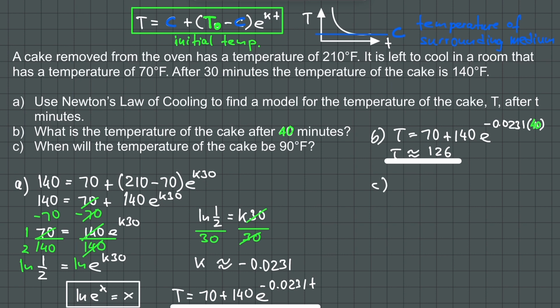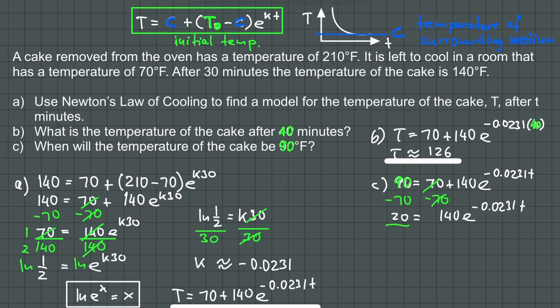So we can write 90 equals 70 plus 140 times e raised to the power of the negative of 0.0231 times t. And after subtracting 70 from both sides, we get 20 equals 140 times e raised to the power of the negative of 0.0231 times t.